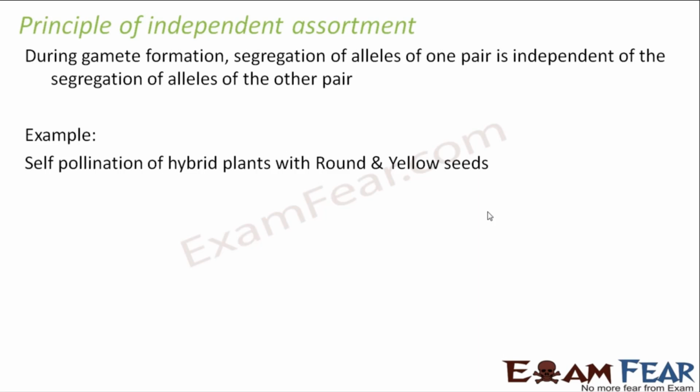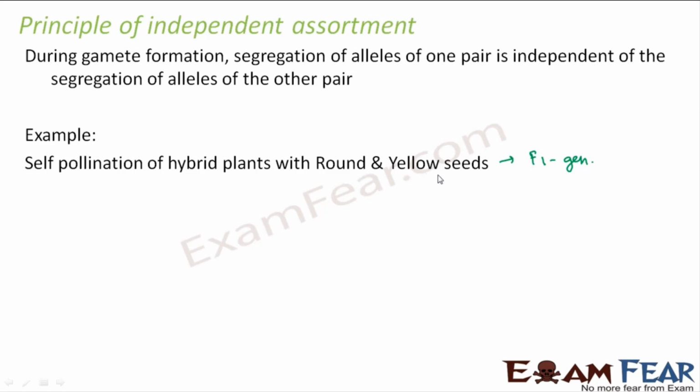He self-pollinated the hybrid plants with round and yellow seeds. So what were these hybrid plants with round and yellow seeds? This was nothing but the F1 generation. Right? In the second experiment, we saw that he cross-pollinated round and yellow seeds with green and wrinkled seeds. So what was his first generation? The dominant traits, that is round and yellow seeds.